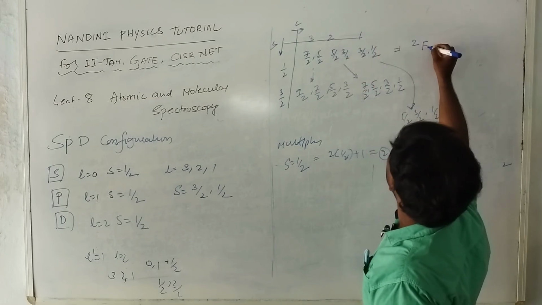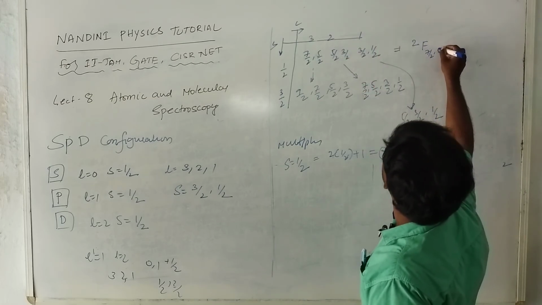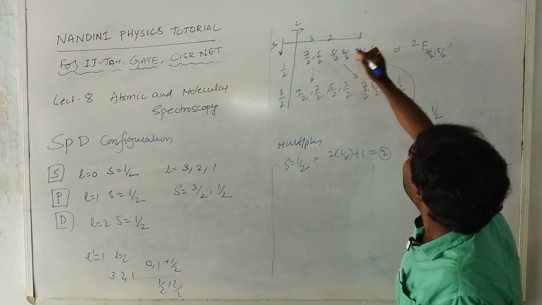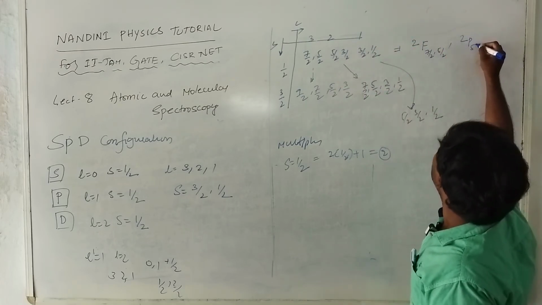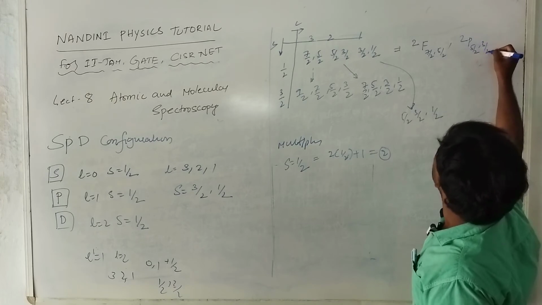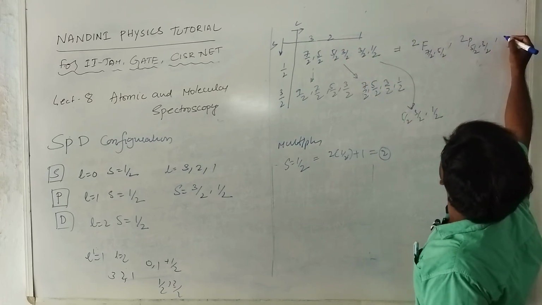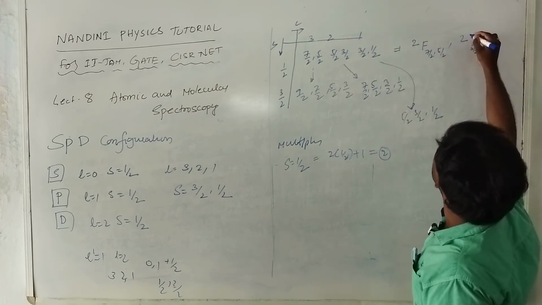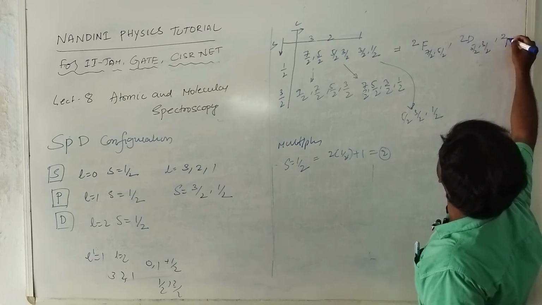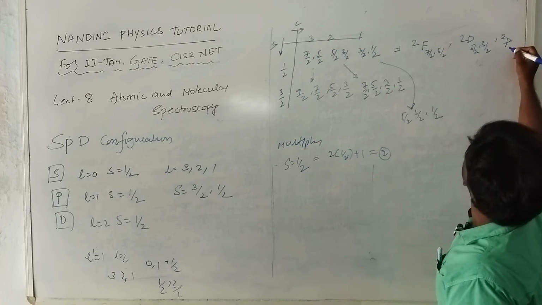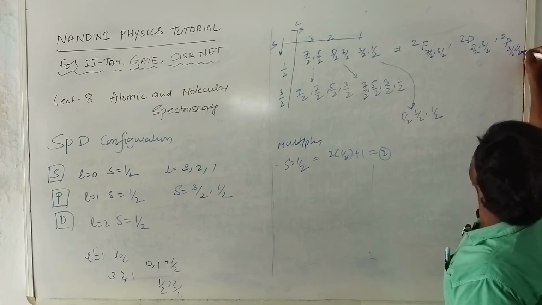So F state of 7 by 2, 5 by 2, this is one spectral term, and this is the multiplicity of P state, 5 by 2, 3 by 2, and this is a D state, this is a P state, because 1 is for P, 3 by 2, 1 by 2, okay.